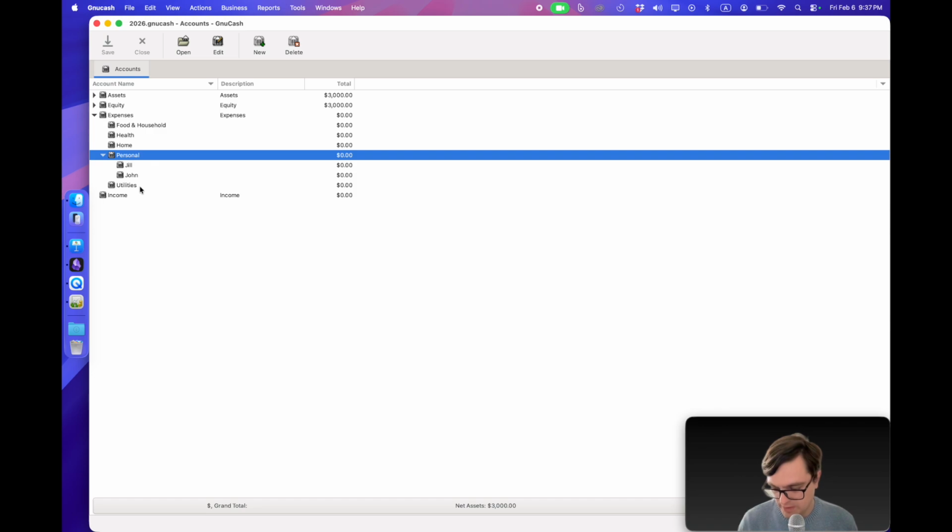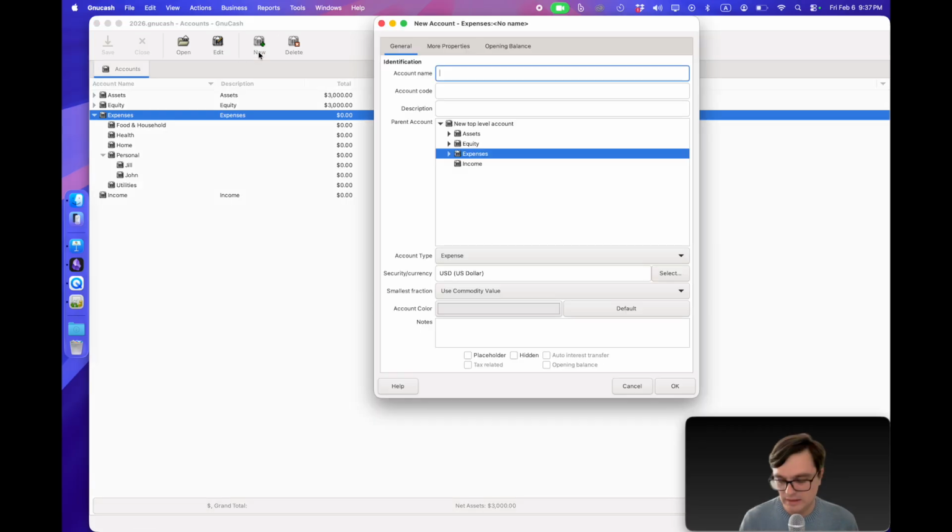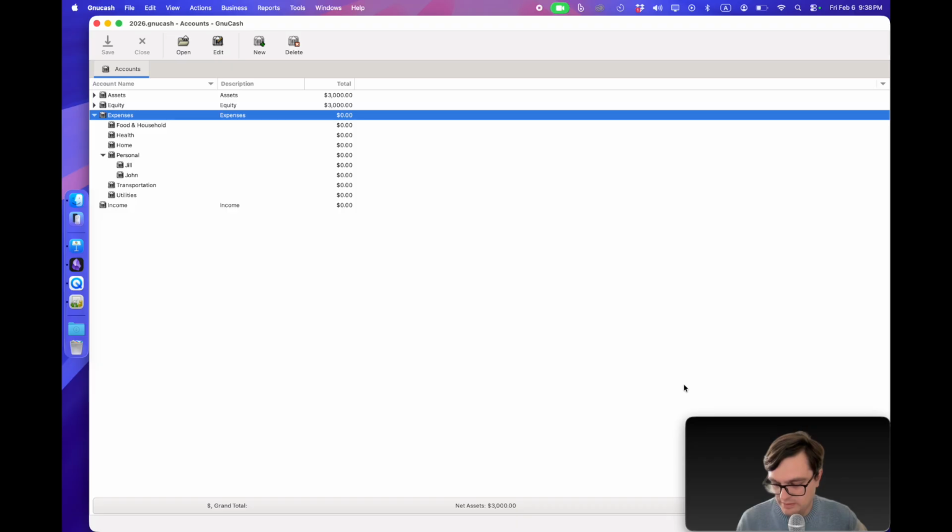So the next one is transportation. Again, it's important to select the account before creating a sub account. Click New again, and the last one was transportation. Just one thing, if you accidentally created an account in the wrong place, it is still okay to delete it by clicking delete.